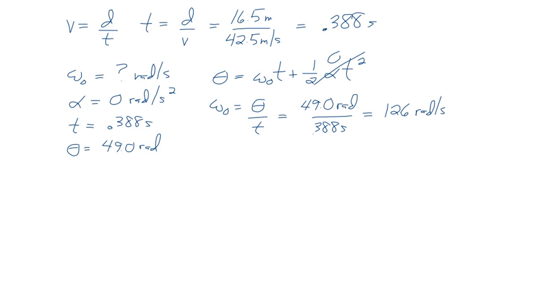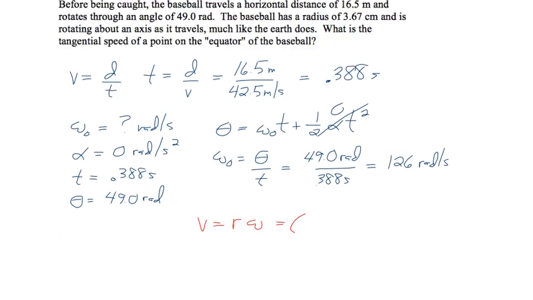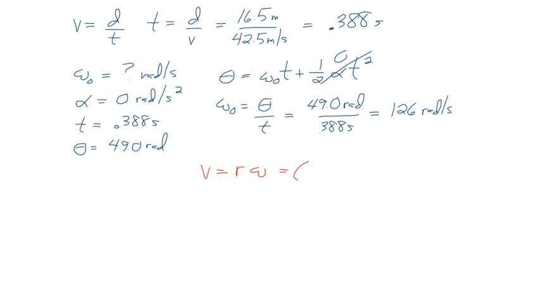So I'm going to use the formula V equals R omega. And I don't have to rearrange it. I'm solving for V. The R would be, what was it? Let me look back up here because I don't know what they gave me. They gave me the radius, so that's going to be 0.0367 meters times 126 radians per second.